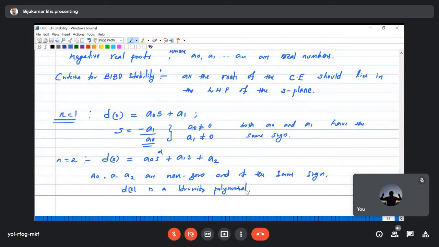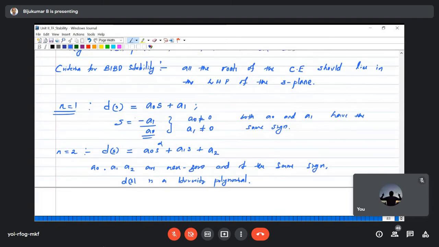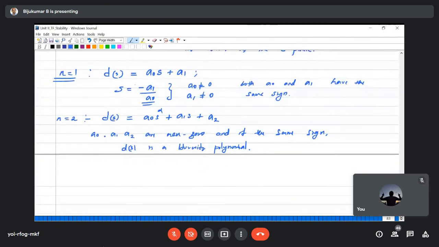So if we see the second order polynomial, by seeing the coefficients of each s term, we can find whether it is stable or not, right? So the condition is the values of a0, a1 and a2 should be non-zero, right? For first order system and second order system, we can easily find out. That is the conclusion, right? Now we'll move to the next one, n equals 3.